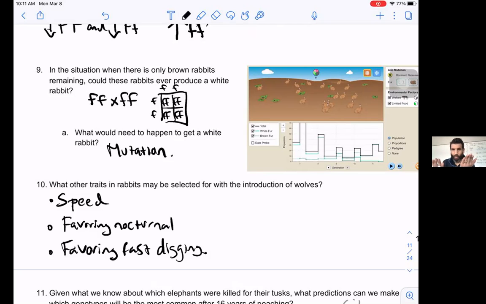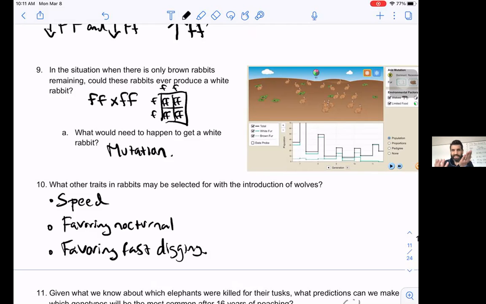Or maybe the way these wolves hunt, it's more beneficial to have more slow twitch, so you can keep running and never tire out. If that endurance becomes an advantage, then those rabbits will survive and pass that gene on to their offspring, and it will become more prevalent, a higher percent of the population.